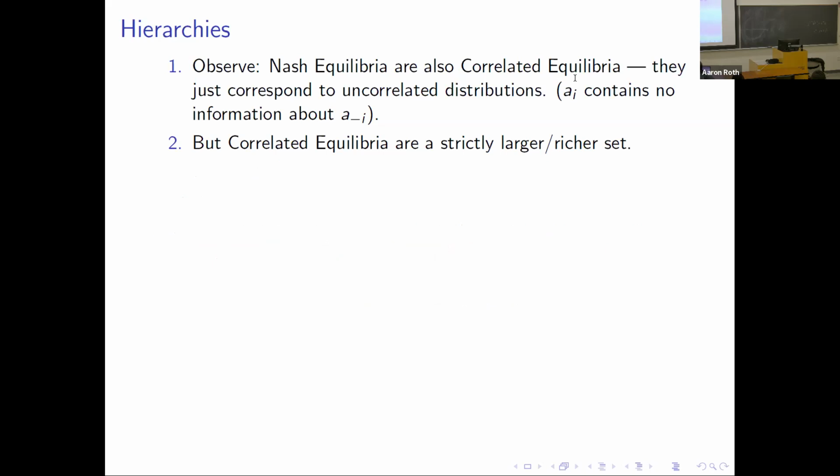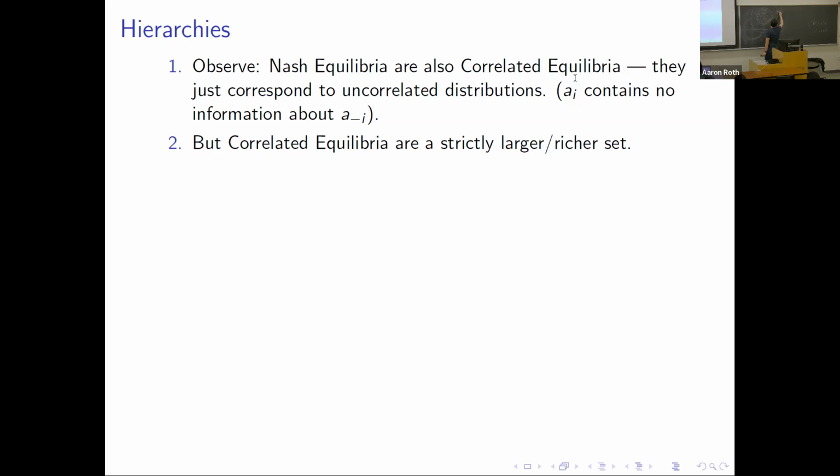Okay, so just to maybe draw a picture that's good to remember, we've got dominant strategy equilibria here. We've got pure strategy Nash equilibria, that's a strictly larger set. We've got mixed strategy Nash equilibria, it's a strictly larger set.